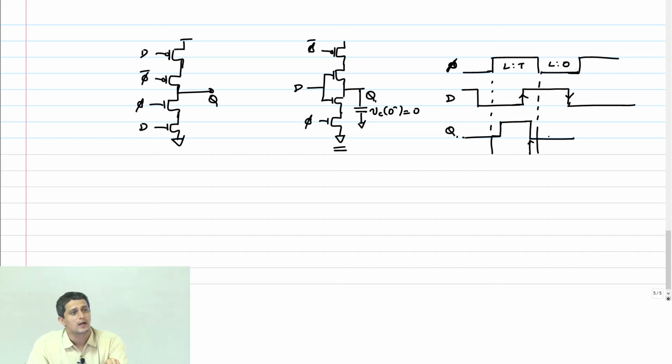Now when D becomes 1, this Q is now going to get connected where? It's going to get connected to this capacitance, right? There is an intermediate capacitance Cx here and this is Cl, which means that this node will now charge share with Cx.